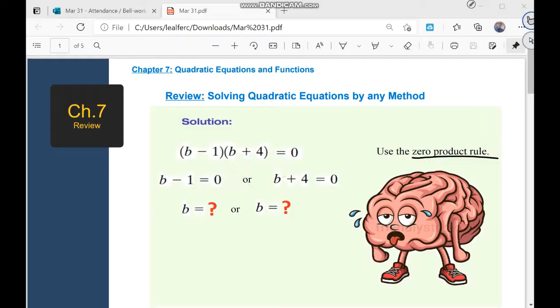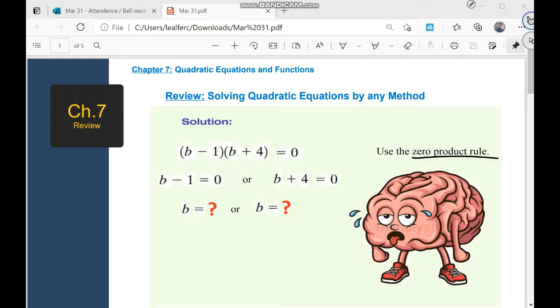Look, just 2 steps. That's the whole point of having different methods. You can select the best one, the one that gives you less work, less trouble. At the end, all the answers are going to be the same, no matter the method that you select.